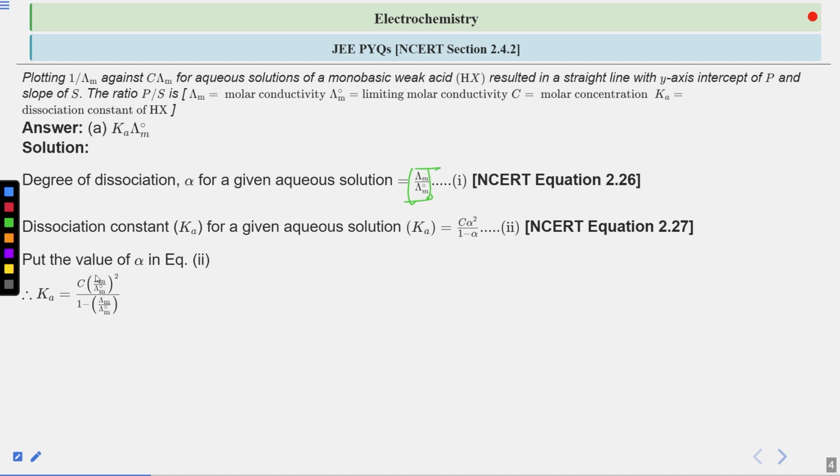So C times lambda m by lambda m naught whole square divided by 1 minus lambda m by lambda m naught. This is what the equation becomes when you put the value of alpha from the first equation into the second equation.